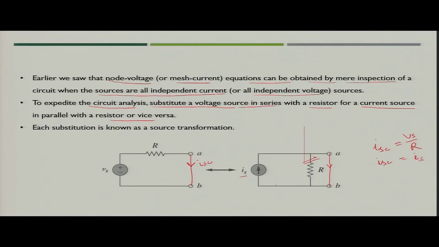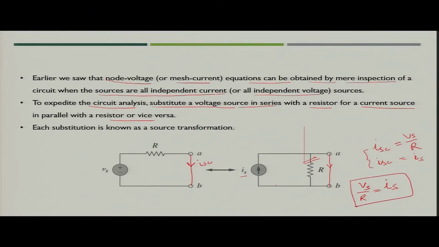Now, as we discussed, when we create the equivalent circuit, its property should remain the same. That means the short circuit current should be the same in both of the cases. So, what we get from here is nothing but Vs by R equal to Is.